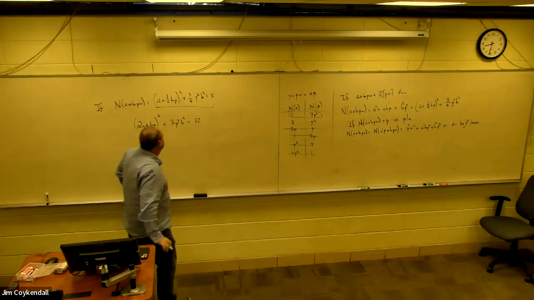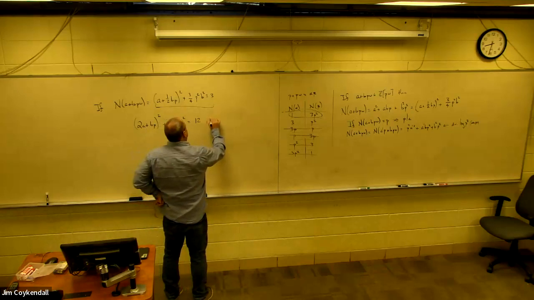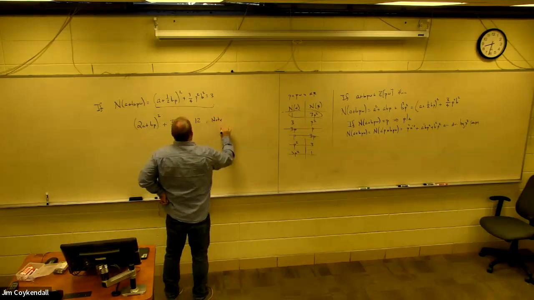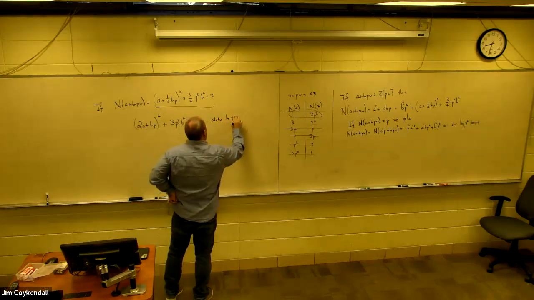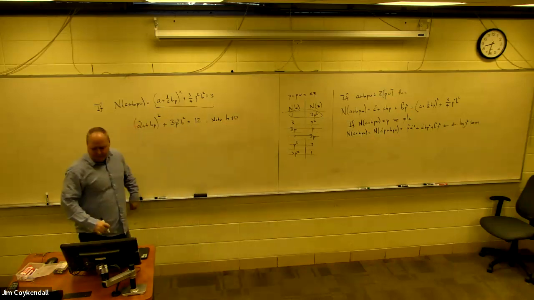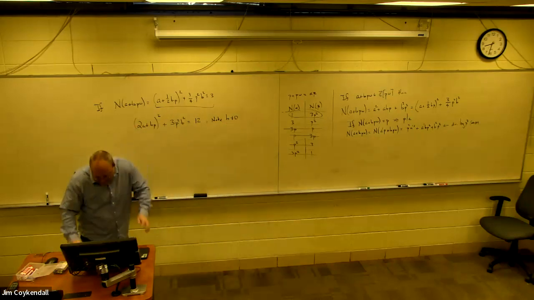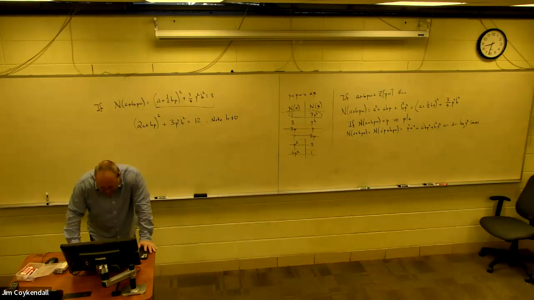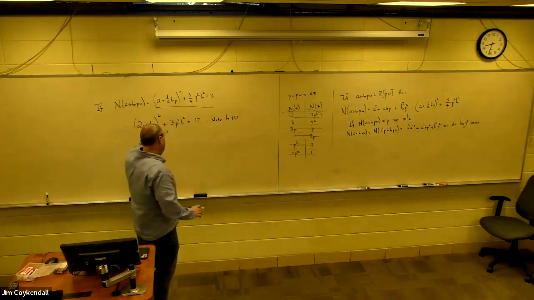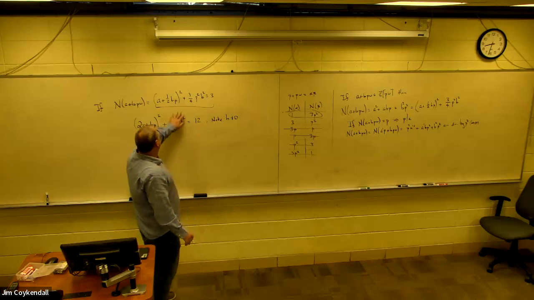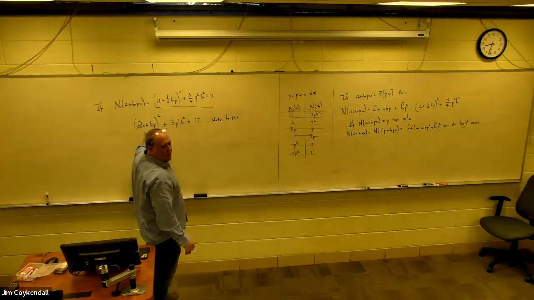Notice that b cannot be 0, right? Because if b is 0, then that means 12 is a square, which is impossible, right?